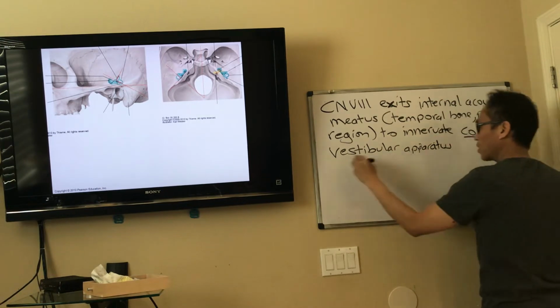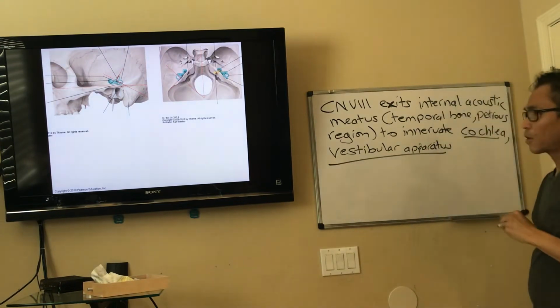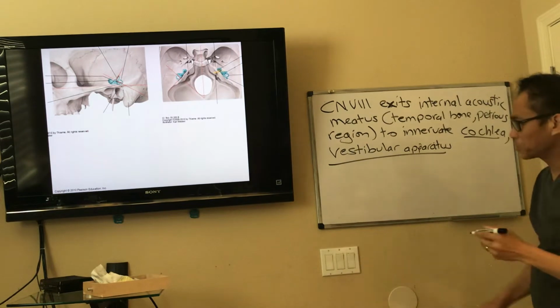So that cochlea and vestibular apparatus are simply what we've been calling the inner ear structure.